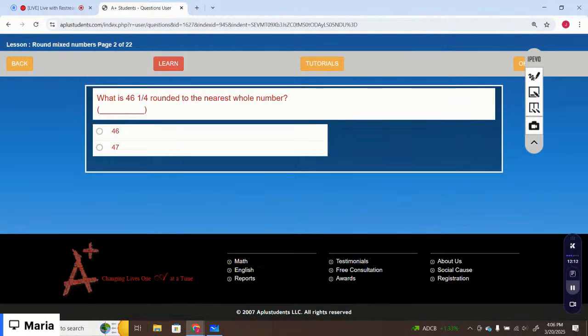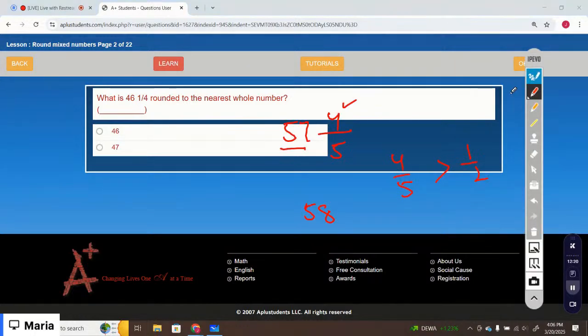What is 46 whole 1 over 4 rounded to nearest whole number? So the fractional part is 1 over 4. Just compare the fractional part to 1 by 2. So 1 by 4 is less than half. So you need to round down to the same whole number, that is 46.